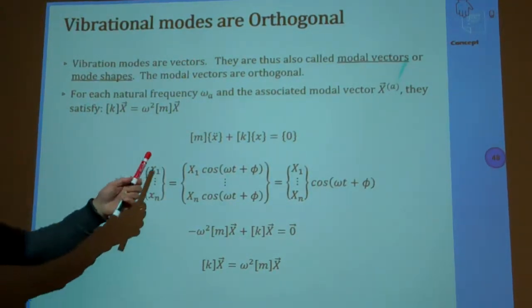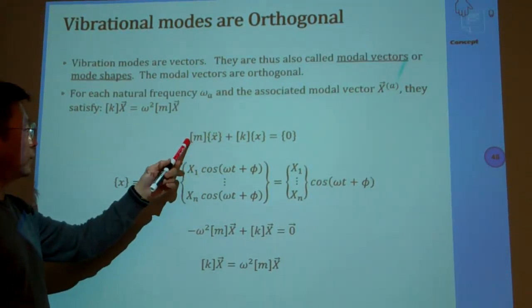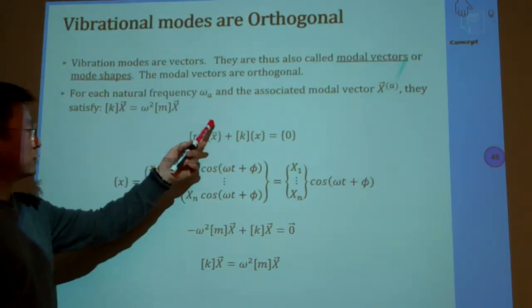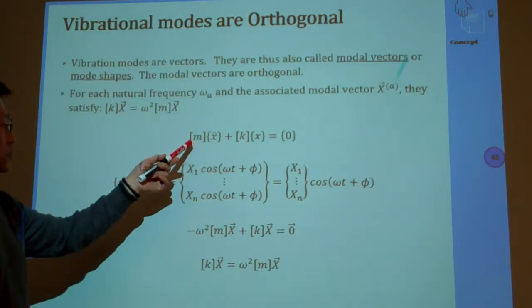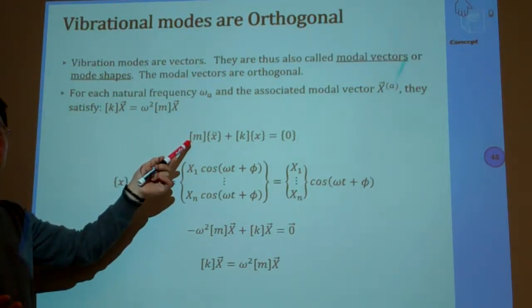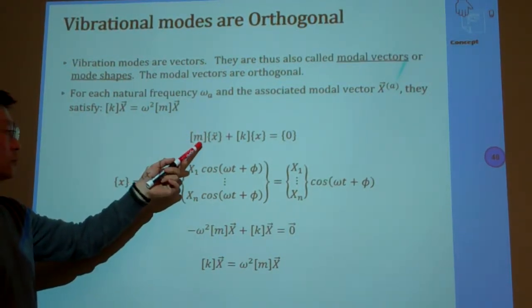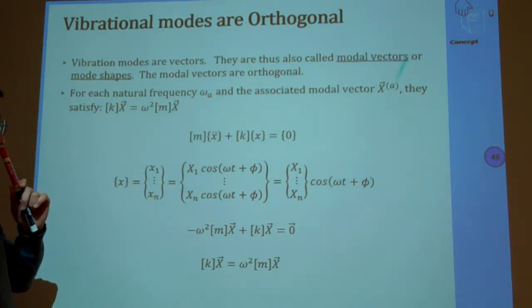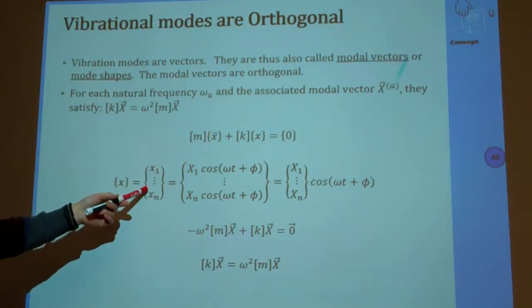Again, this is our equation of motion, and it has been expressed in matrix terms. Once we see this, you should assume the number of degrees of freedom can be arbitrary, for example 2, 3, or n. Okay, and so here is the general form.